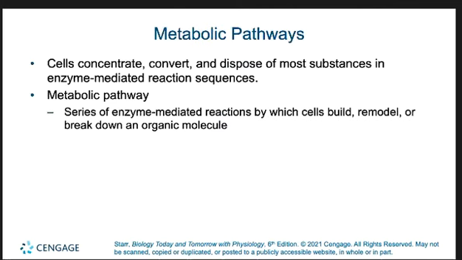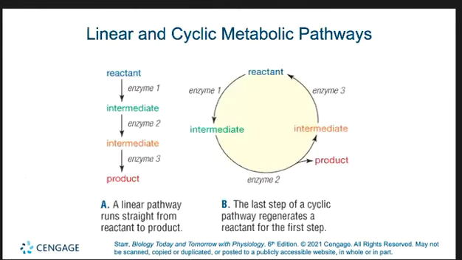Cells concentrate, convert, and dispose of most substances in enzyme-mediated reaction sequences. And the metabolic pathway is simply a series of chemical reactions that allows that to take place, right? So you've got an initial reactant. There's an enzyme that converts that into an intermediate, another enzyme that converts that into another intermediate, and so on. And then eventually you get to the product.